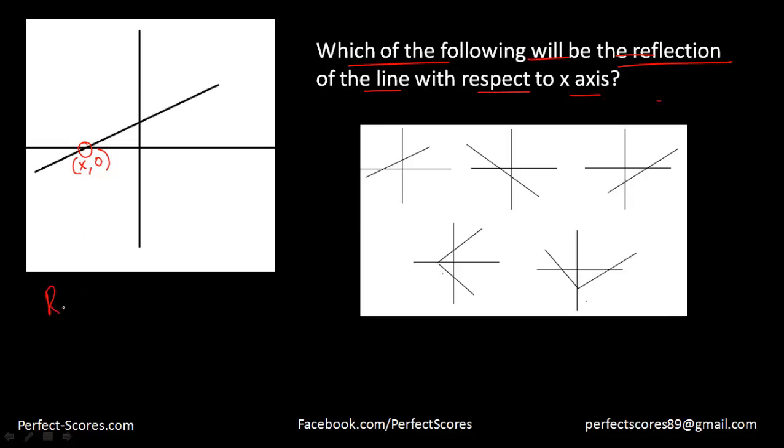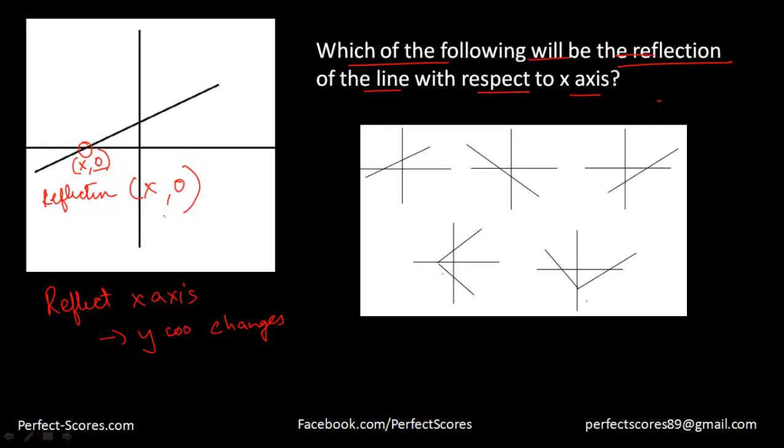And when you reflect something with respect to the x-axis, the y coordinate changes. So over here, the reflection is going to have the same x coordinate, but the y coordinate is going to change. But 0, when it changes, remains 0. That means this point is going to remain intact here only.